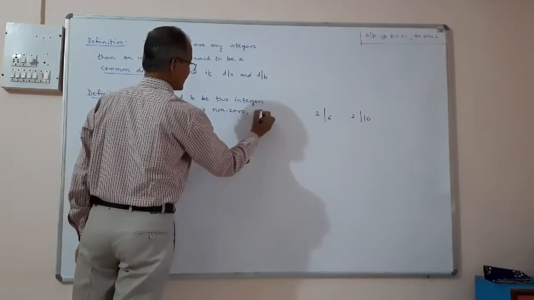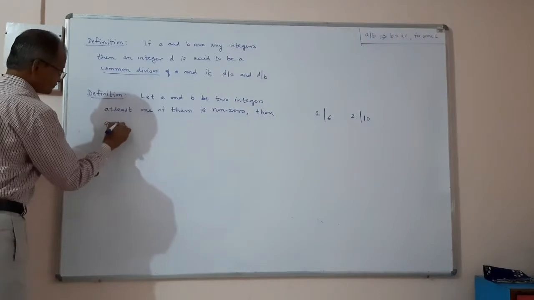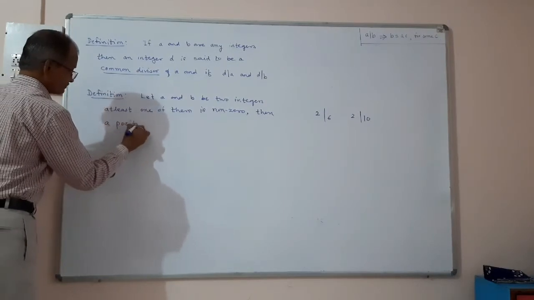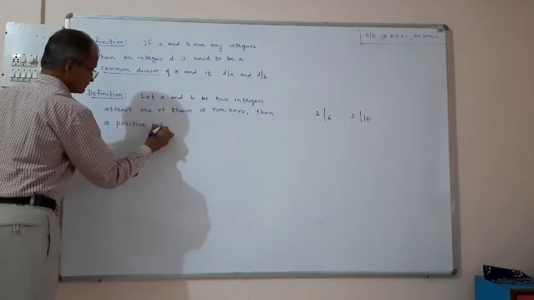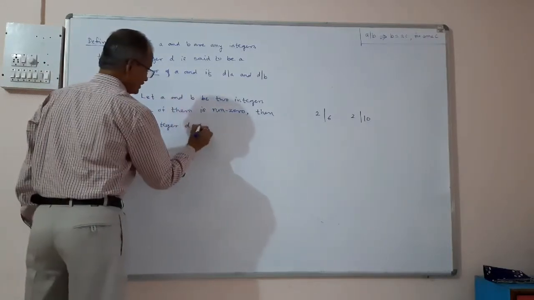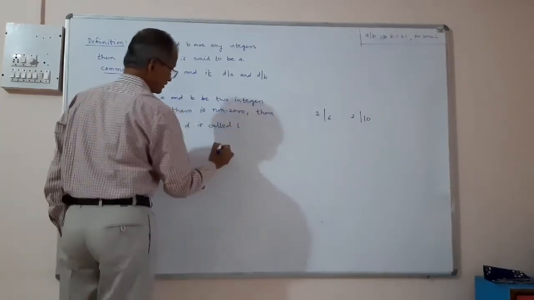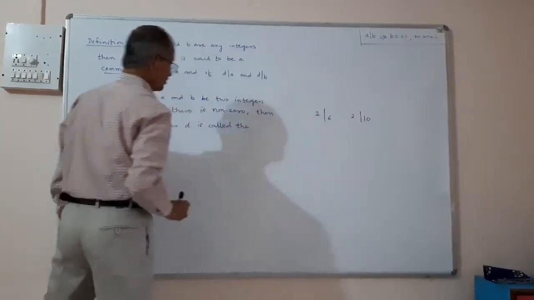Then a positive integer d is called the greatest common divisor.